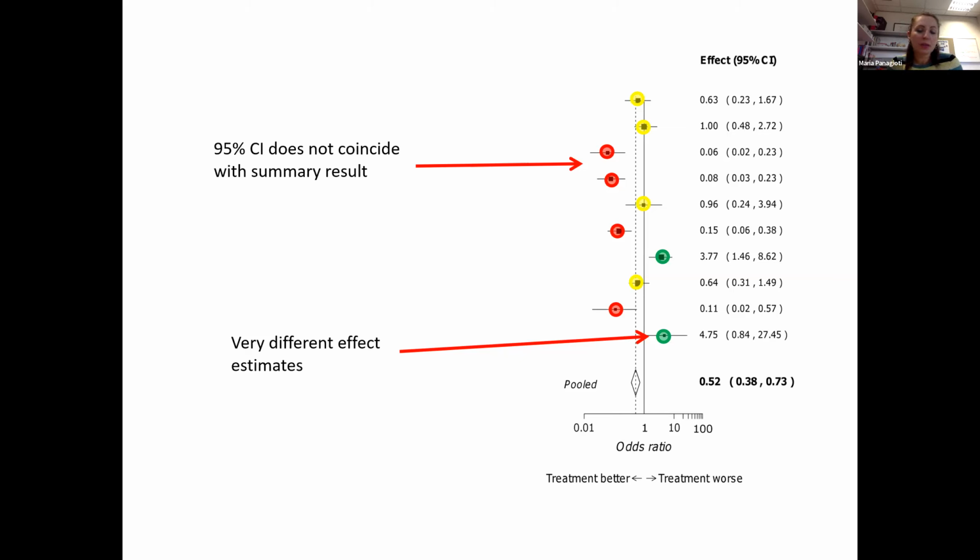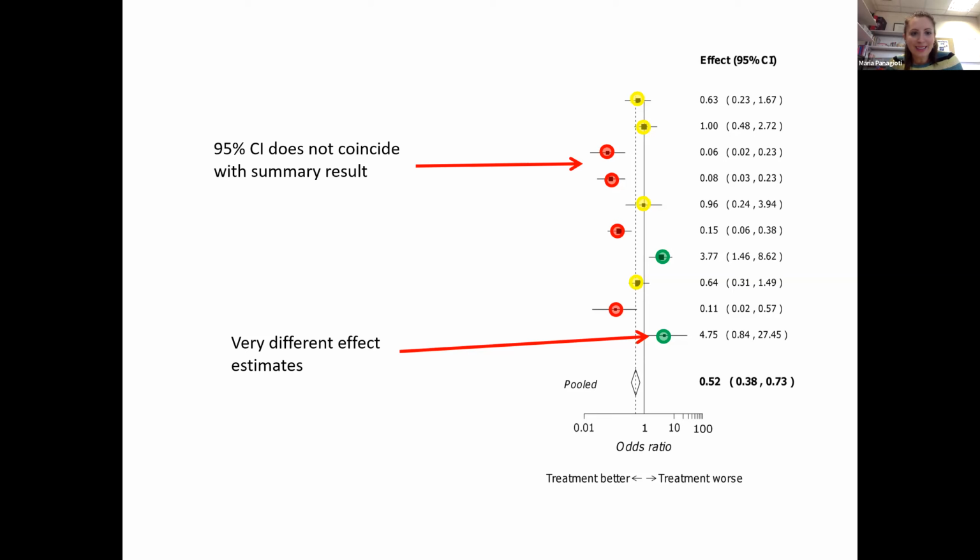So first, we need to understand whether our pooling makes sense in terms of whether we have the same intervention and the same conditions, and then we need to understand how we might subgroup them to understand better the treatment effects. But from this forest plot, it looks like our pooling at the moment doesn't make sense. We need to find subgroups of studies in order to understand better what's going on with our meta-analysis.